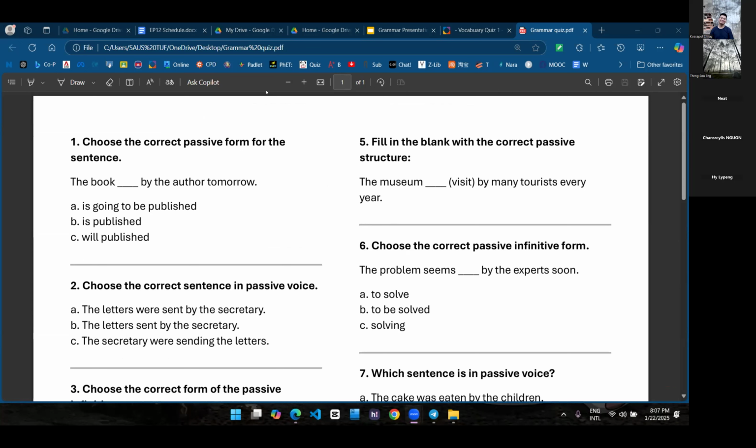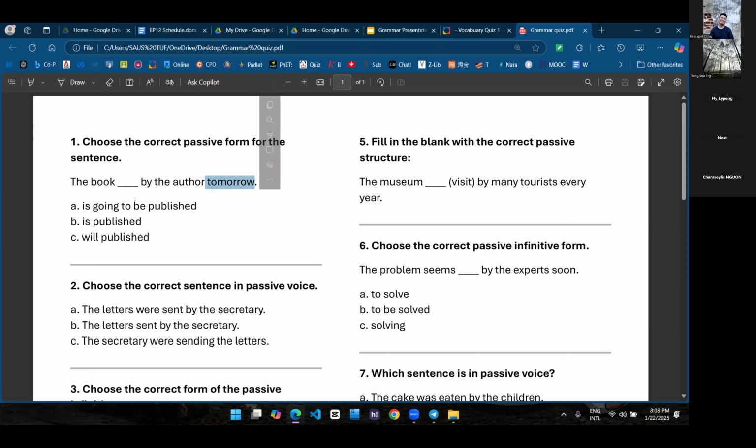Okay, welcome back everyone. So let's correct this all together. They want us to choose the correct passive form. And the word is tomorrow. That means you need to use a future word.